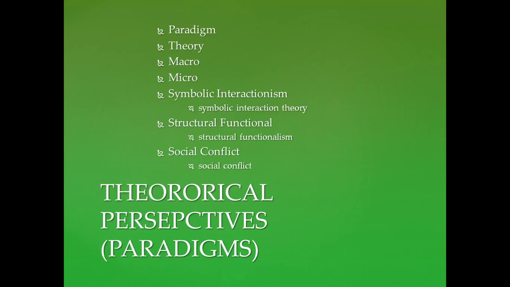Now, the other end of the spectrum is the symbolic interactionist perspective, and that is the micro level perspective. When we talk about micro level, we're talking about the everyday interactions between you and I and everybody else, and how that everyday interaction becomes a cumulative understanding of how the world works.